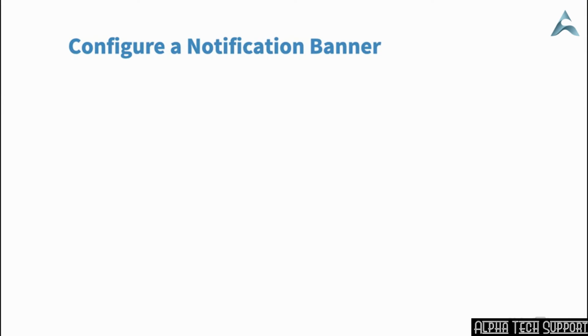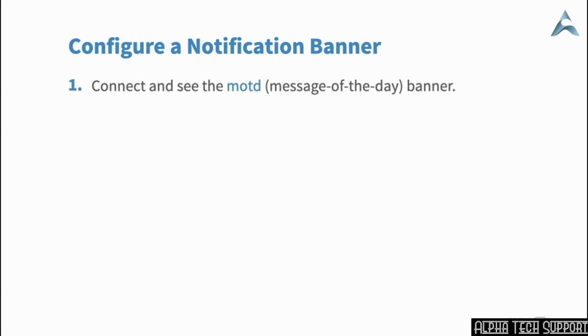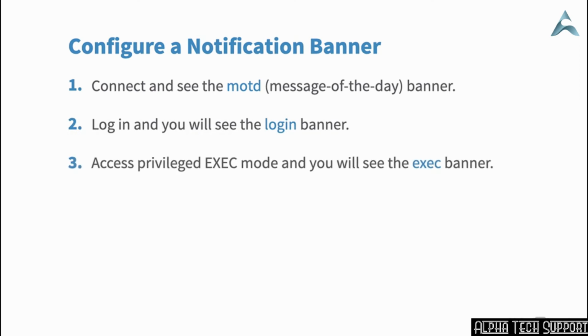In a Cisco IOS, you can configure a banner to display in one of several ways. When accessing a Cisco device, anyone who connects via a command line interface will see the message of the day banner. Once a user logs in, they will see the login banner. And when a user accesses privileged exec mode, they will see the exec banner.